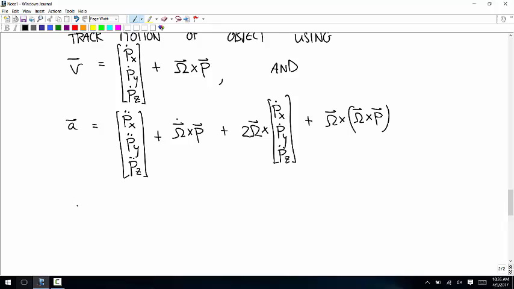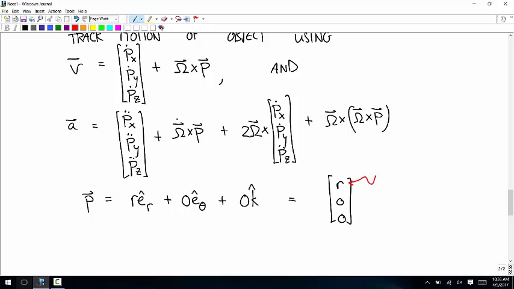So the position vector is equal to R ER plus 0 E theta plus 0 K. And I'm going to write that in the notation we're used to as R, 0, 0, where these are the components in the ER direction, the E theta direction, and the K direction.